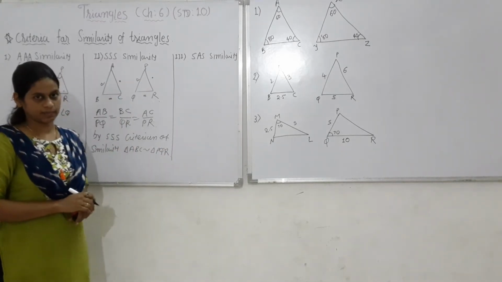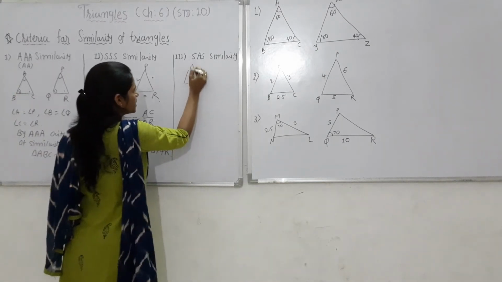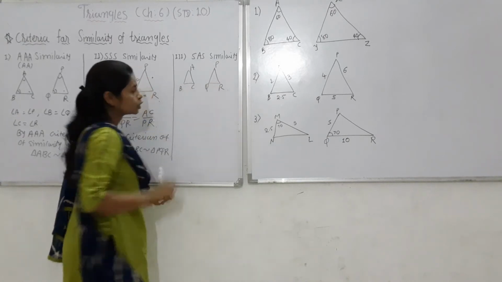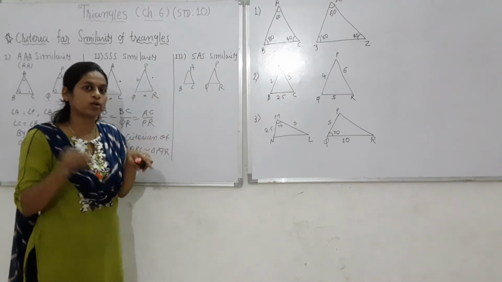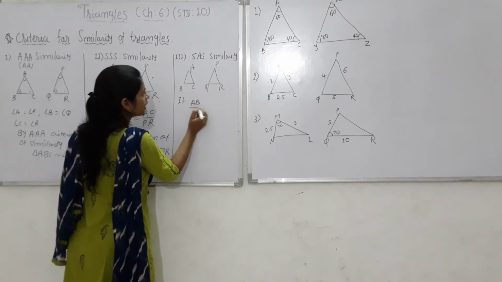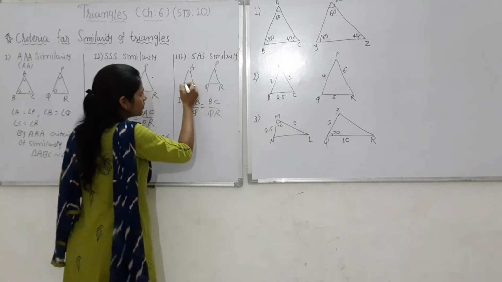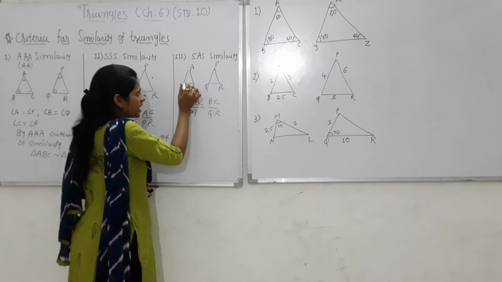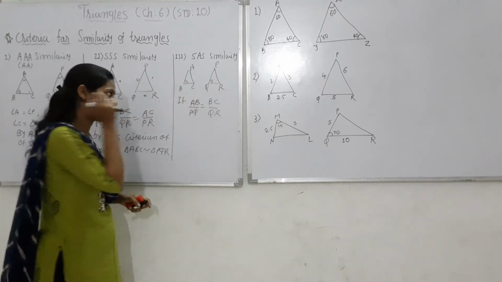Now for SAS similarity. In SAS similarity, you have two triangles ABC and PQR. You have two corresponding sides whose ratios are equal and their included angles are equal. That means if AB upon PQ is equal to BC upon QR, then the angle between them, the common angle, is B and Q, so these two angles are equal.